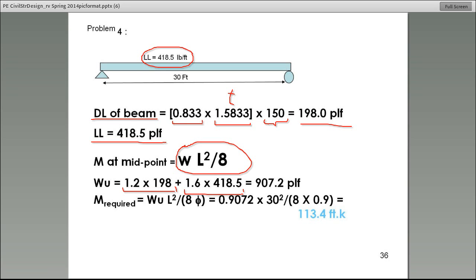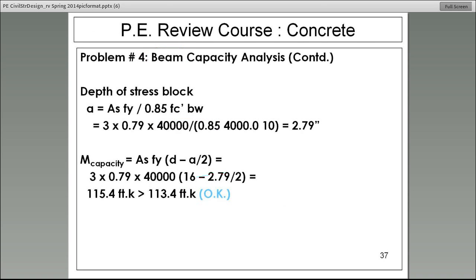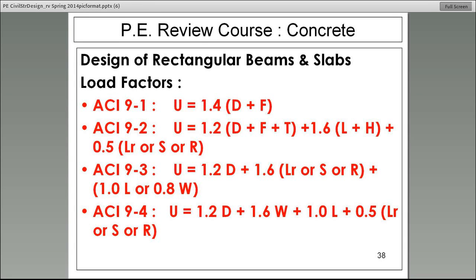I introduced those load factors to you in the previous slide. And there it is. M required is 113 foot-kips. So this beam is safe. And at the very bottom here, it says the moment capacity is higher than the actual moment, so it is safe. It's okay. There are some other things that have been calculated here. You can look at it and prove to yourself that you can do that problem.